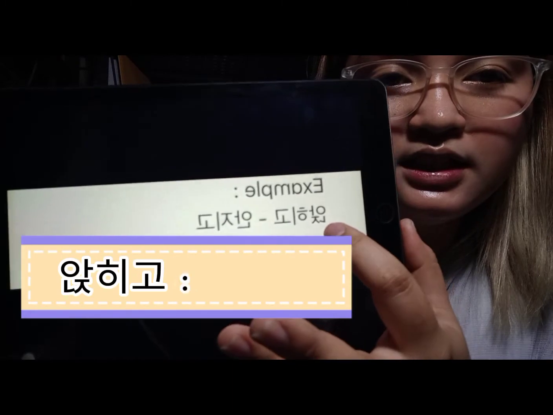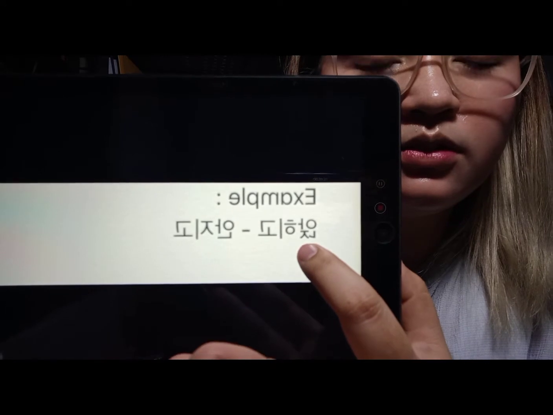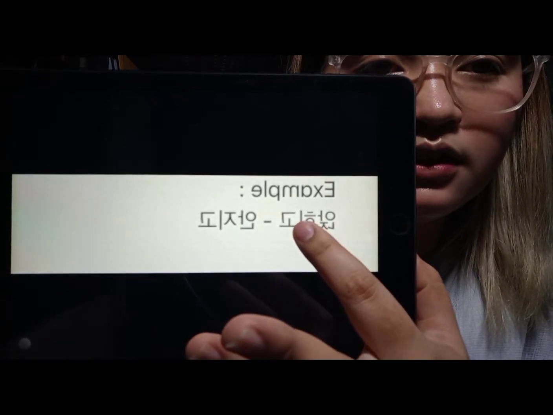Kung yung Nian Jiut naman ay may kasunod na Hiat as a initial consonant dun sa susunod na syllable, yung Jiut ay magiging Chiut. And siya rin yung magiging initial consonant nung susunod na syllable. Like for example, Anchiku. So this is the final double consonant and this is the Hiat.